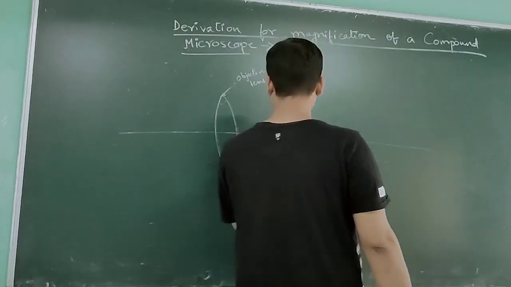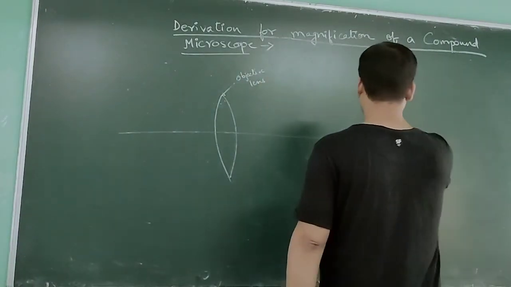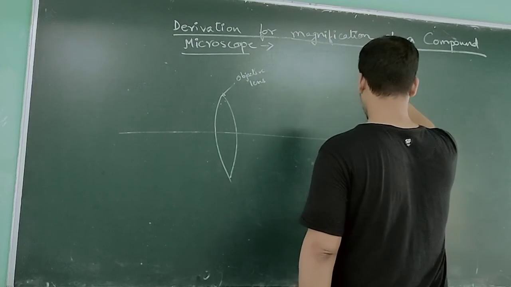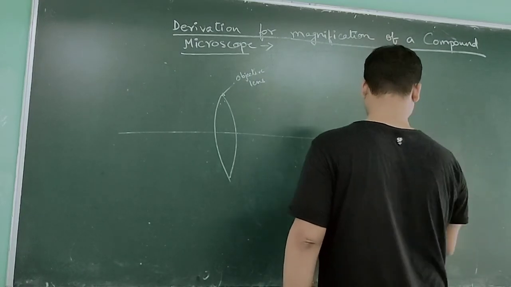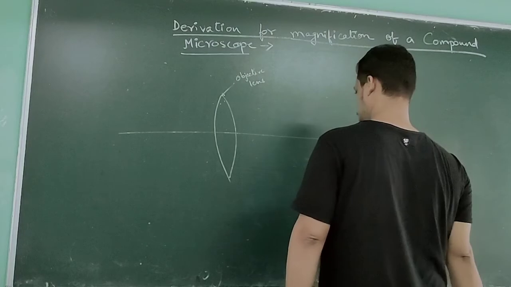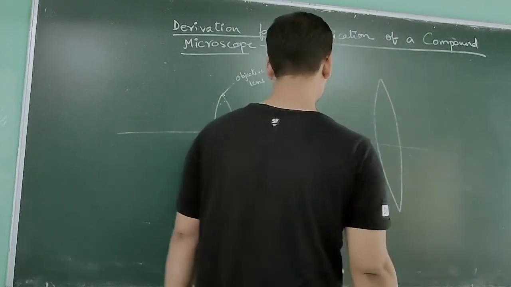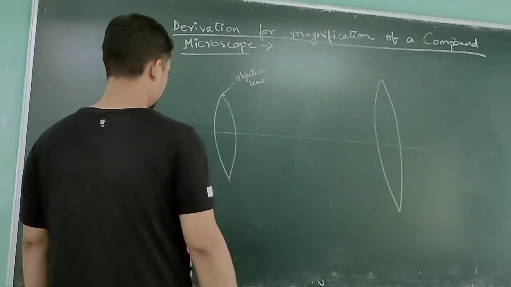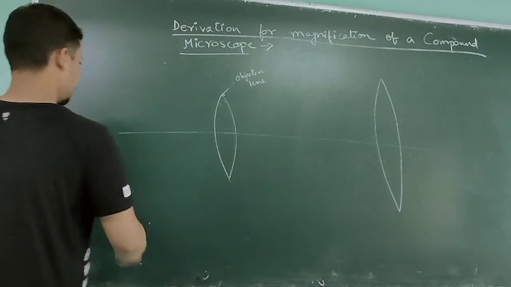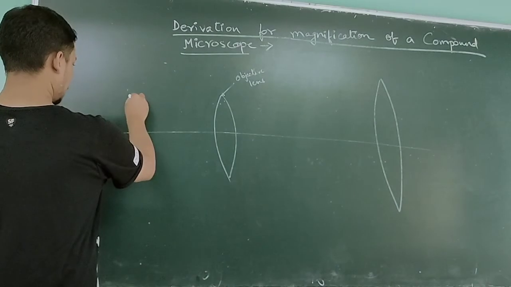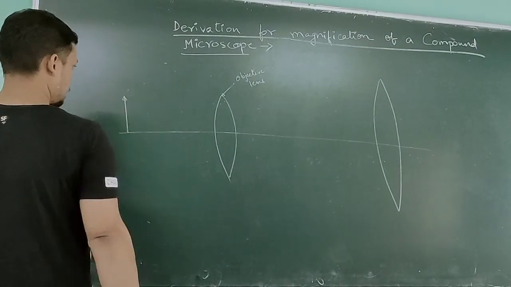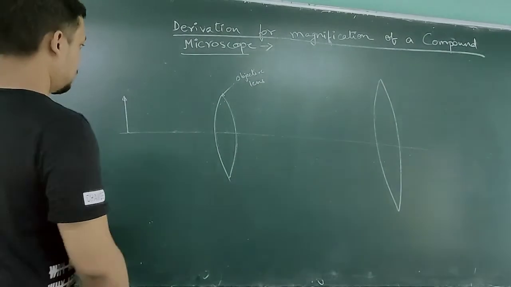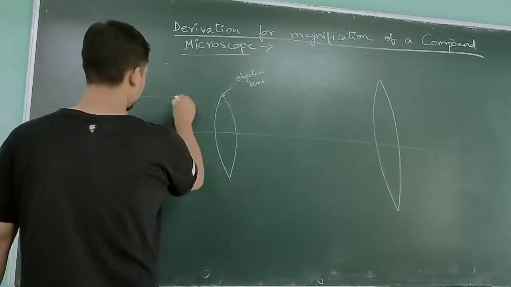And this is the eyepiece. When the object is placed between infinity and the center of curvature, the image will form here.